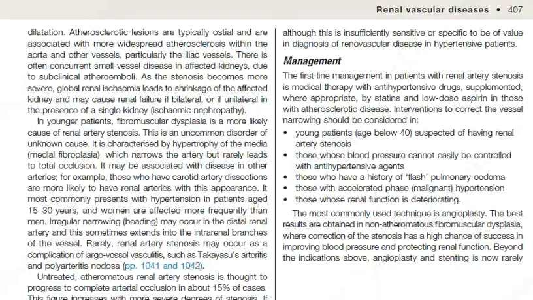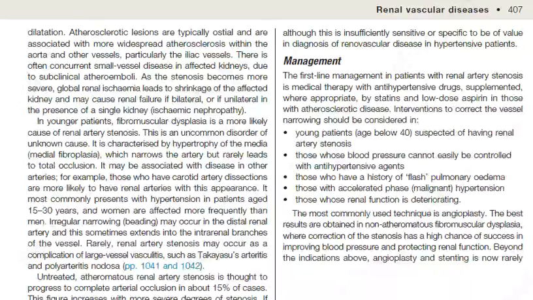Management. The first-line management in patients with renal artery stenosis is medical therapy with antihypertensive drugs, supplemented where appropriate by statins and low-dose aspirin in those with atherosclerotic disease.